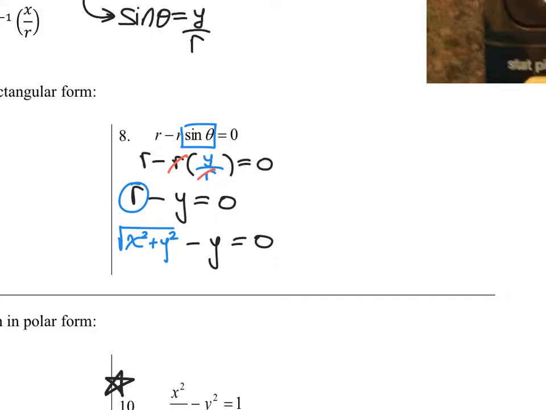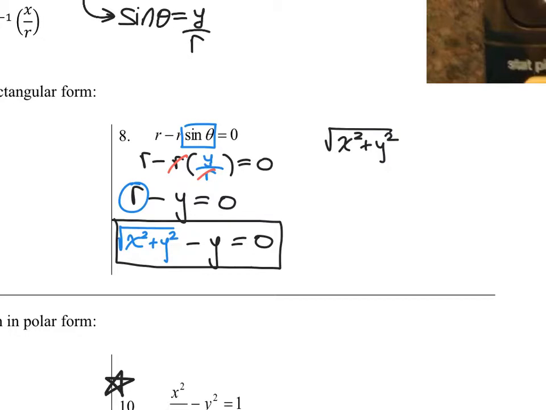Now, when you clean it up, I would call this a final answer, by the way. Perfectly acceptable final answer. But if you wanted to go further, you could add y to both sides and get the square root of x squared plus y squared equals y.